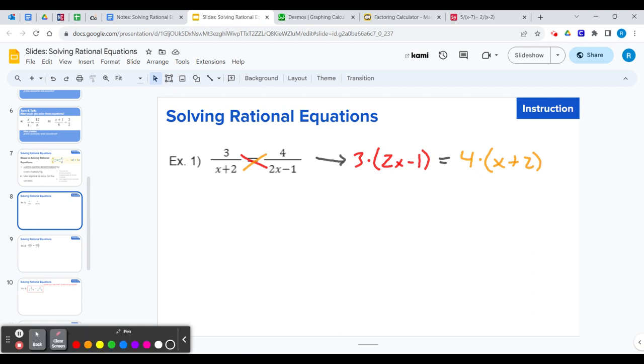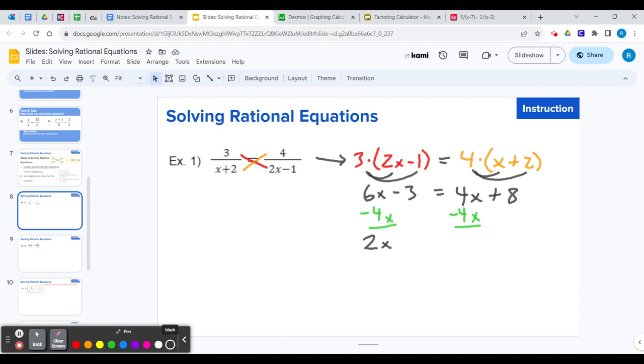So we're going to start by simplifying. We distribute in with the 3, so we get 6x minus 3 equals, distribute in with the 4, we get 4x plus 8. Then we're going to try to get all of our variables to one side, all of our constants to another side. So I'm going to move this 4x over to join my 6x.